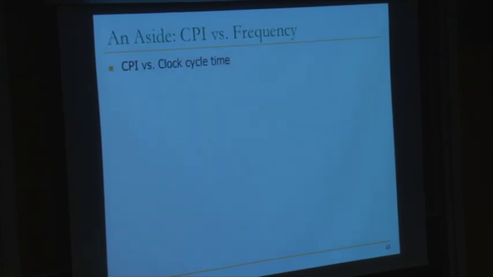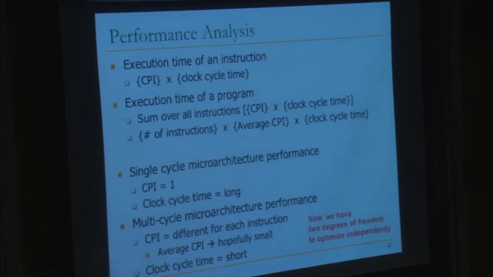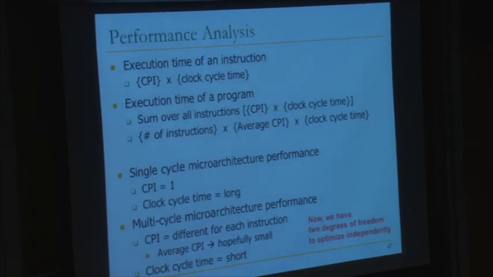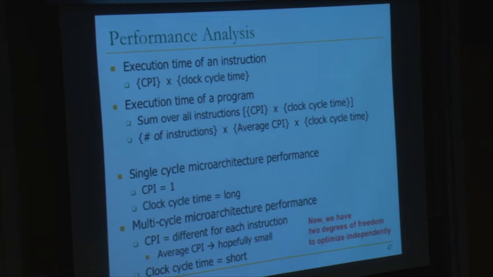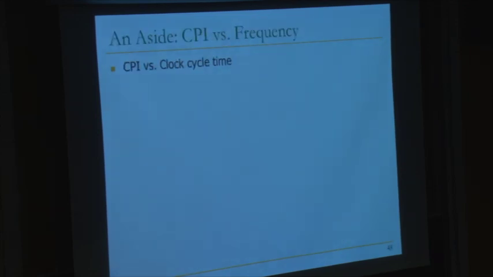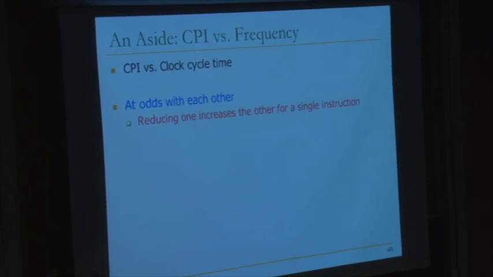I guess while we're at it, I'll give you another thing, which is CPI versus frequency, right? CPI is cycles per instruction. And clock cycle time, what is this? This is 1 over frequency of the machine. These usually are at odds with each other for the processing of a single instruction, right? Reducing one increases the other. And this is pretty intuitive, right? Like why?